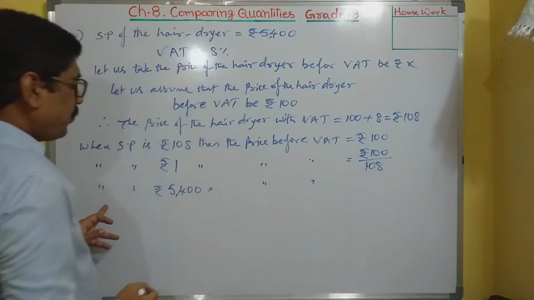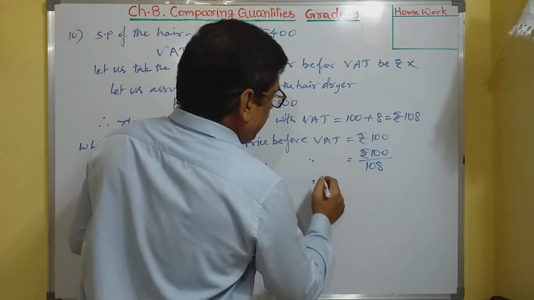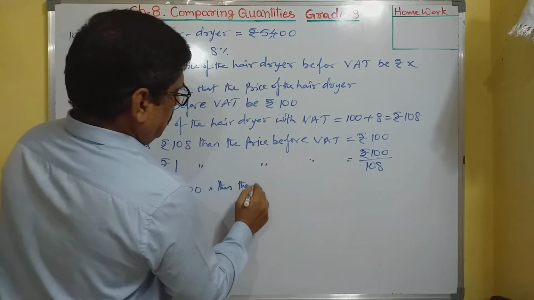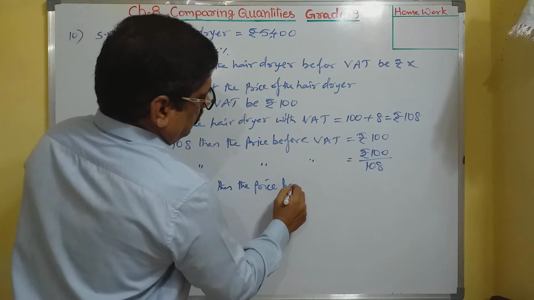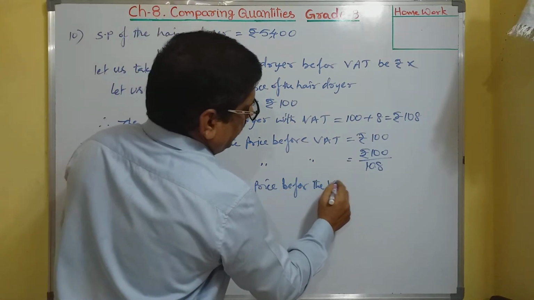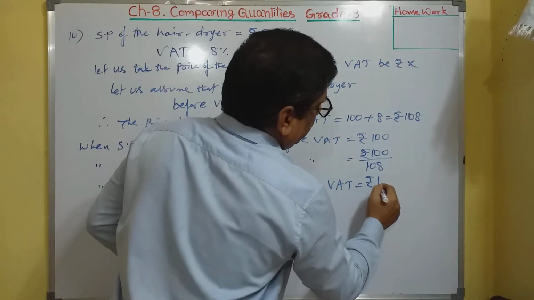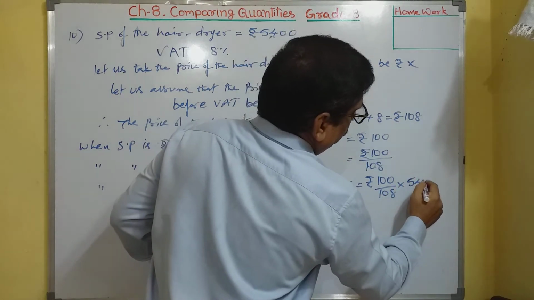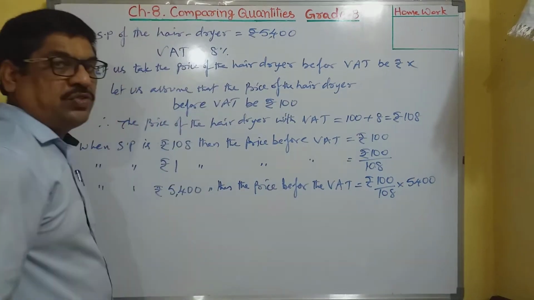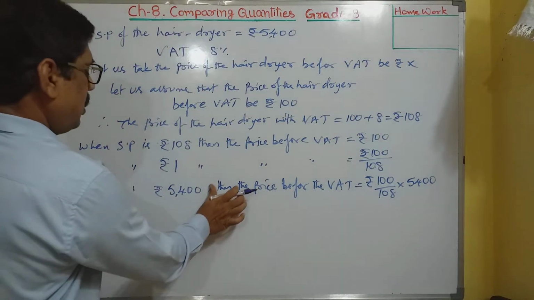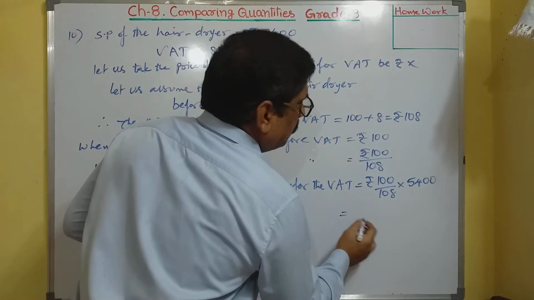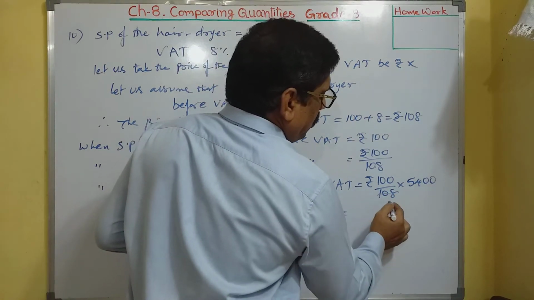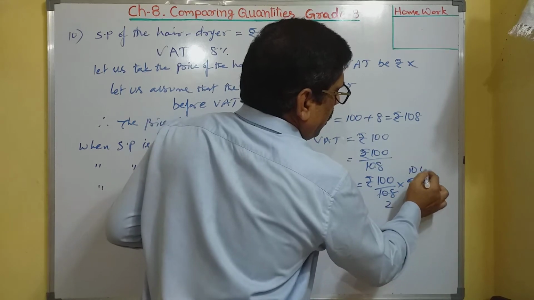Now, if it is 5400, then the price before the VAT is equal to rupees 100 by 108 into 5400. This has to be simplified to get the answer. Let us simplify. Here, 54 twos are 108 and 54 hundreds.